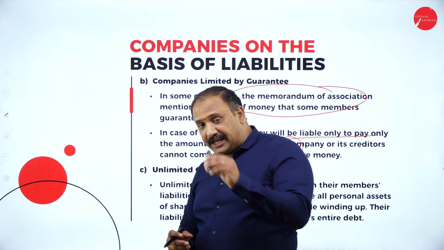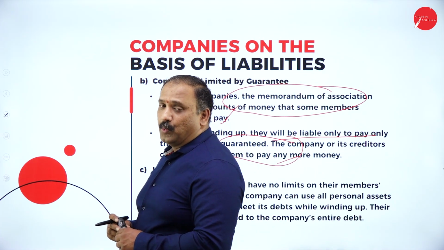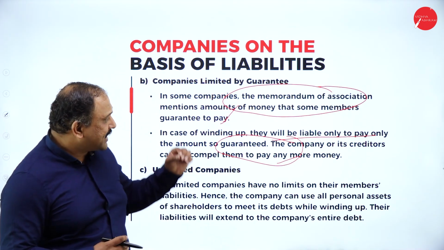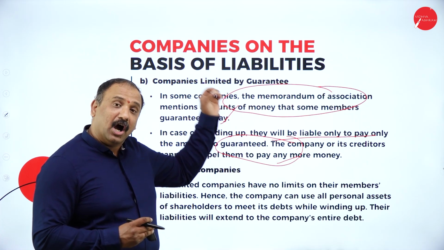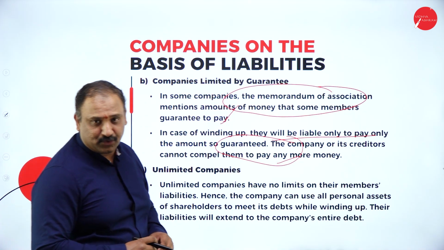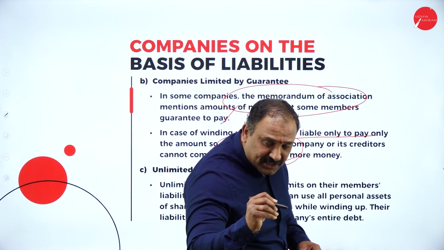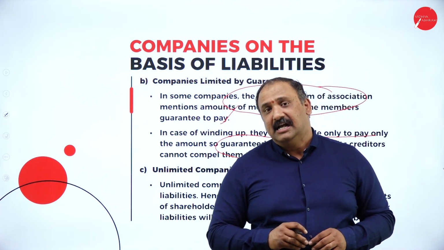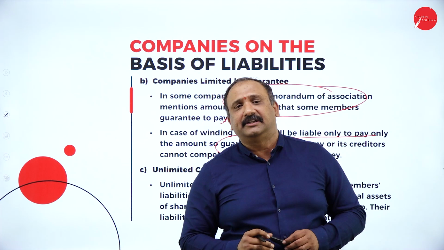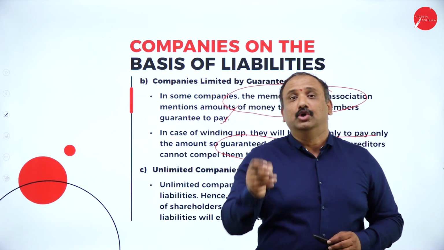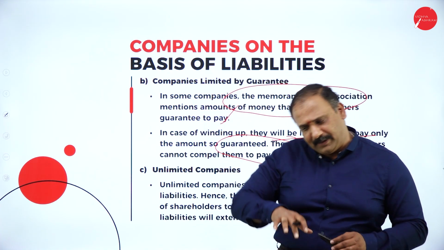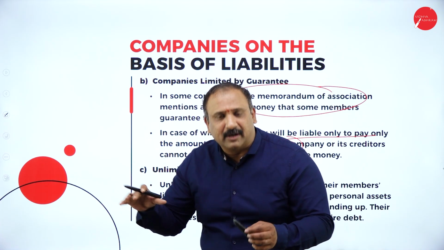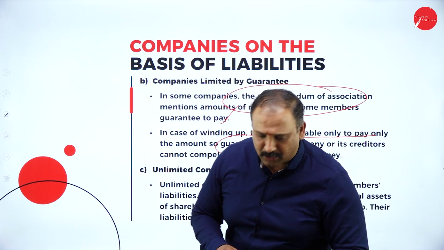But to understand this fact, when I say companies by guarantee, that means the members of the company, according to the memorandum of association, have signed a document and they have agreed that I will pay you a certain amount that is promised during the winding up of the company, which means the company would go away when it is completely bankrupt or wound up altogether.